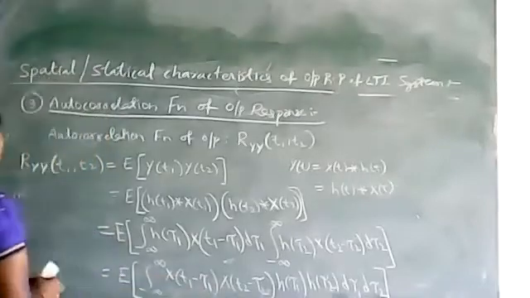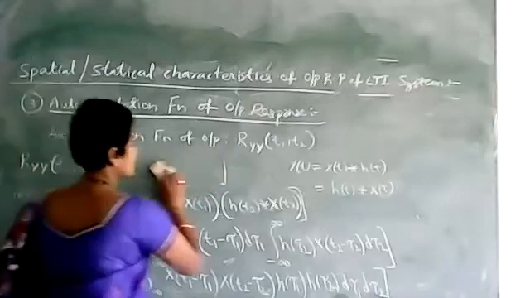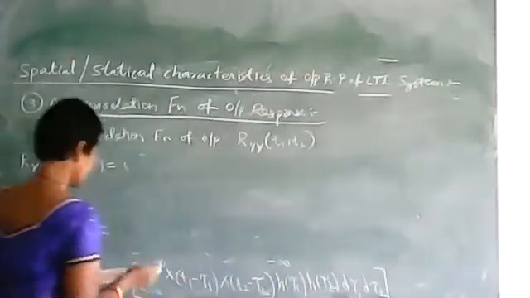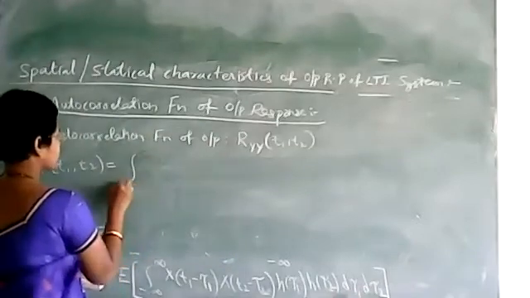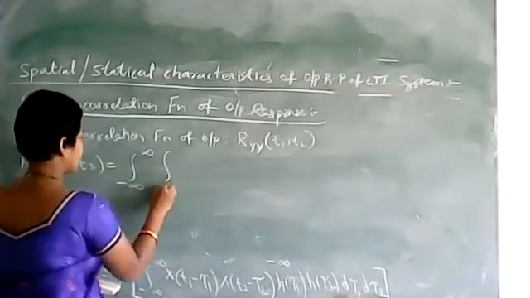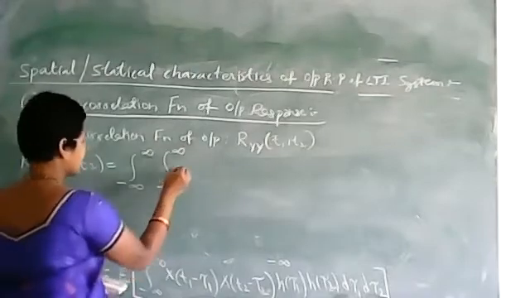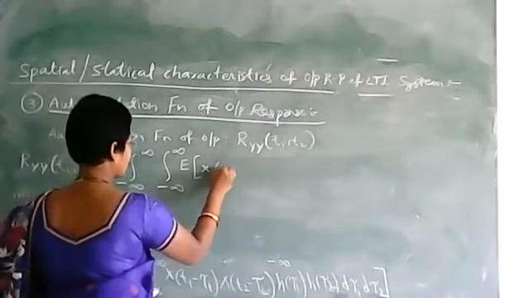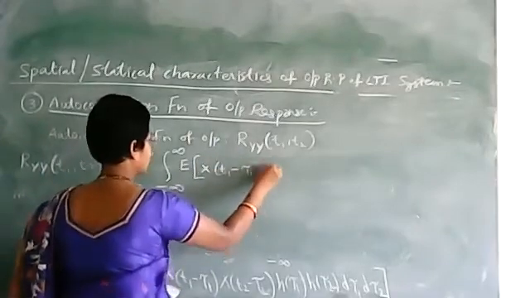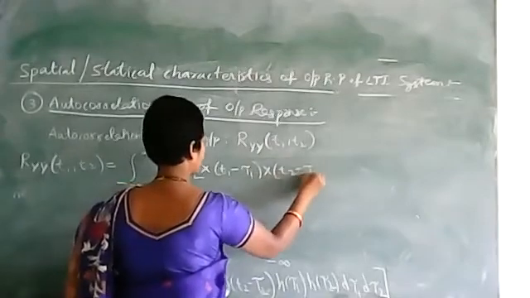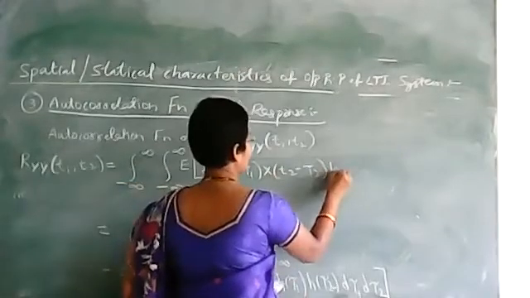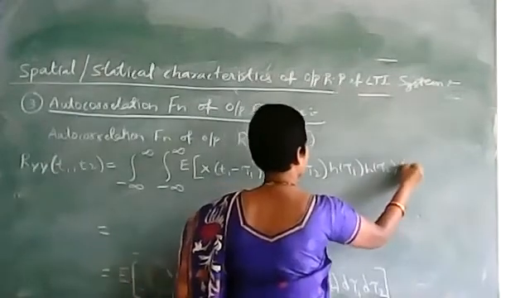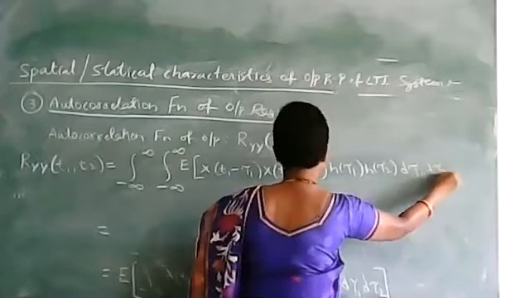So this can be written as the double integral from minus infinity to plus infinity, with the expectation applied only to x of t1 minus tau 1, x of t2 minus tau 2, times h of tau 1, h of tau 2, d tau 1, d tau 2.